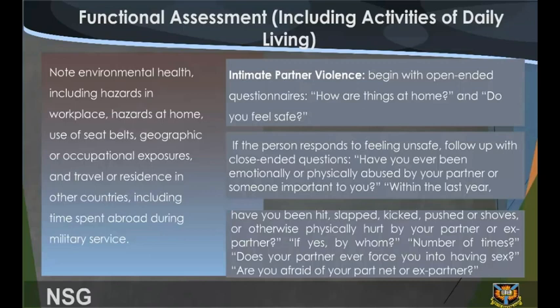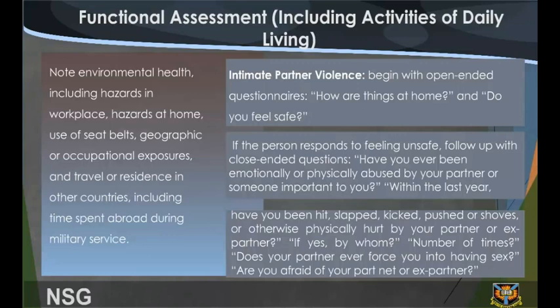Intimate partner violence. Begin with open-ended questions. How are things at home? And do you feel safe? If the person responds to feeling unsafe, follow up with closed-ended questions. Have you ever been emotionally or physically abused by your partner or someone important to you within the last year?